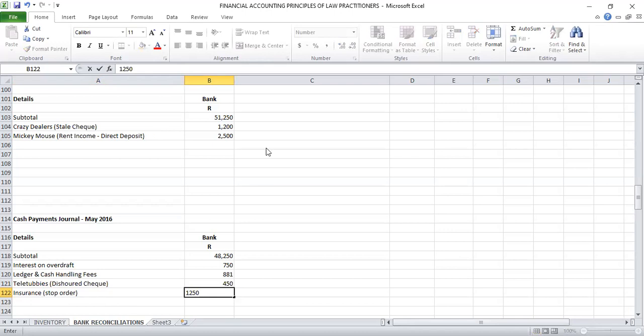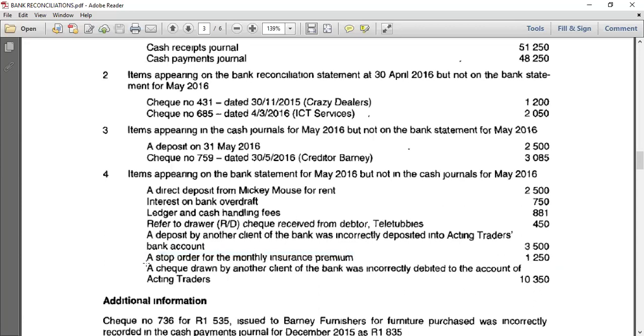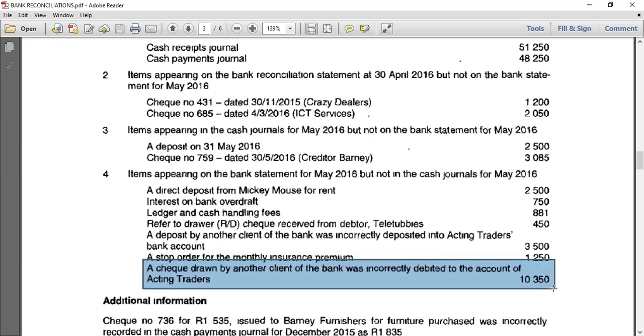Right. A check drawn by another client of the bank was incorrectly debited to the account of Acting Traders. So someone paid their check, then by mistake, the bank debited our account. So that will go to the bank reconciliation statement. So all errors made by the bank will go to the bank reconciliation statement.